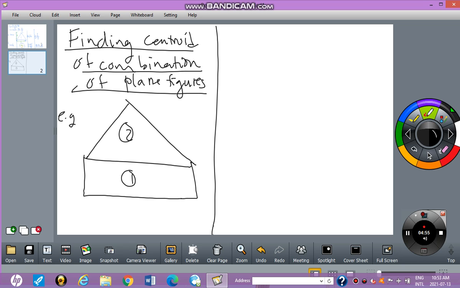We use the skills which we have learned for each identified plane figure. Now, steps to determine centroid of a combination of different figures.